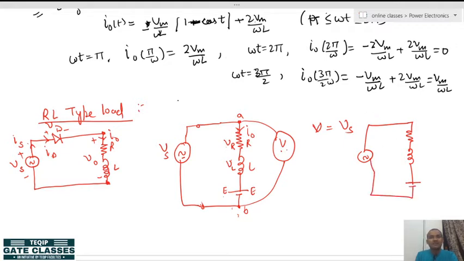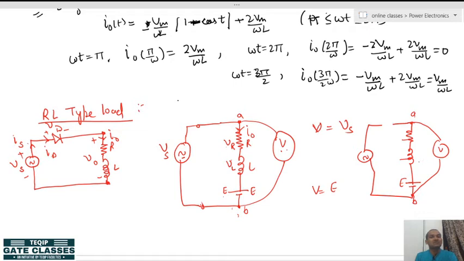At this time the circuit is disconnected, and again the same voltmeter is applied at the same place between terminals A and B. Now if I ask you what the voltmeter value will be, you will simply say that it will be E, because no current is flowing here, so there will be no drop in the resistance and no drop in the inductor. So whatever the E value is, that will be measured by the voltmeter.